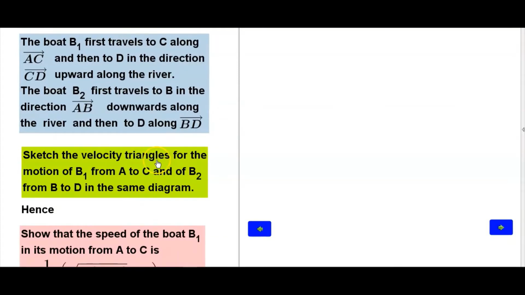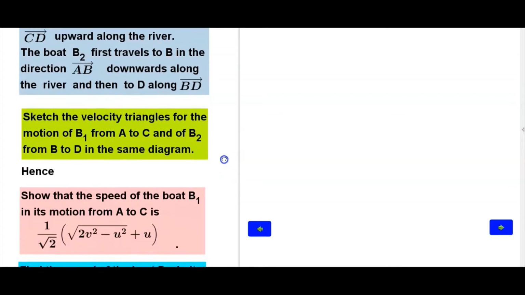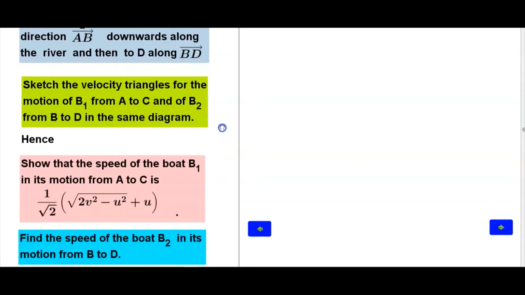Sketch the velocity triangles for the motions of B1 from A to C and of B2 from B to D in the same diagram. Hence, show that the speed of the boat B1 in its motion from A to C is 1 over root 2 times the square root of (2v squared minus u squared) plus u.